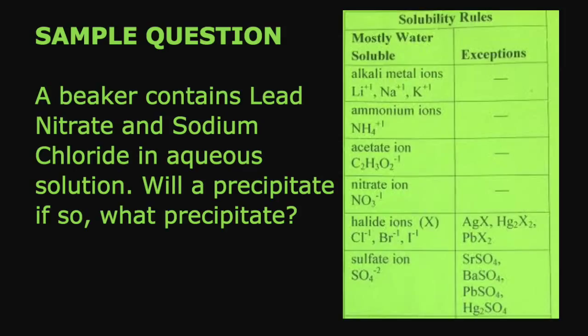But in aqueous solution, the sodium chloride and the lead nitrate dissociate, and then the lead from the lead nitrate will bond with the chloride from the sodium chloride, which, by reading the solubility rules table, you can see is an exception. So that means that that compound will be a precipitate in the beaker.